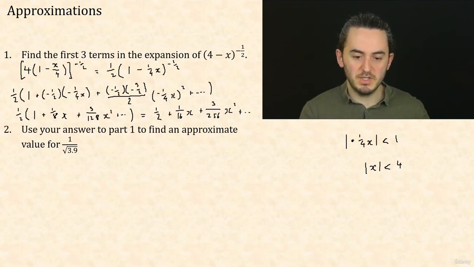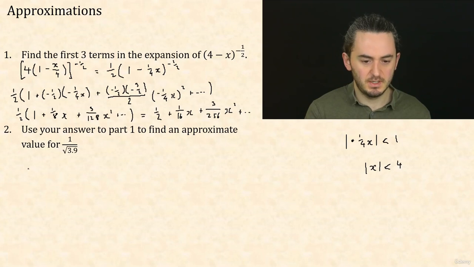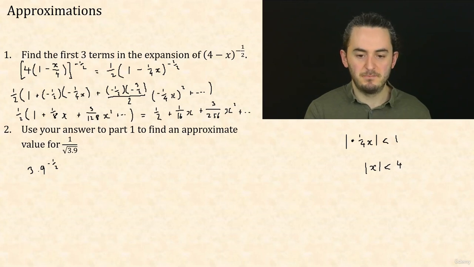So how do we use this to approximate 1 over the square root of 3.9? So what is that? Well, that is 3.9 to the power of minus a half. Well, that's good. And what's the connection between 4 minus x and 3.9?